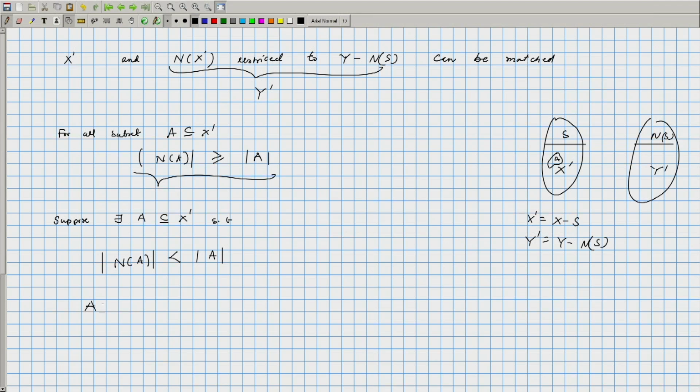Let us look at A union S. So A union S in G has how many neighbors?